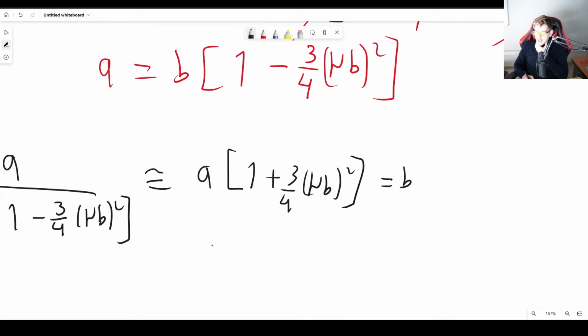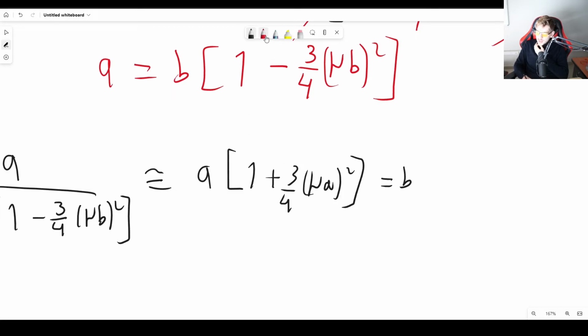Okay, so what we're saying is that this thing is b, but take a look at this. This is basically a plus a very small number, because it is of the order of mu squared, right? And that means that this is very, very close to a. So for that reason, we can approximate this b in here as a.